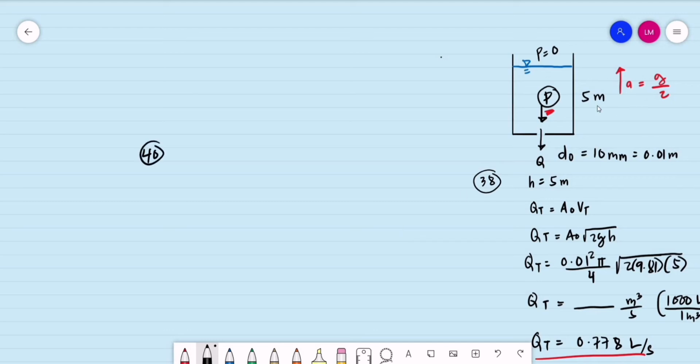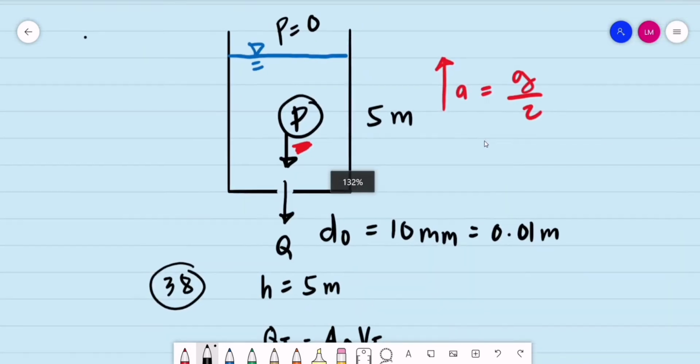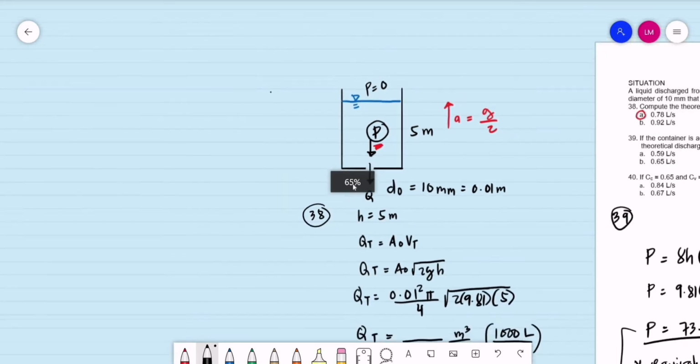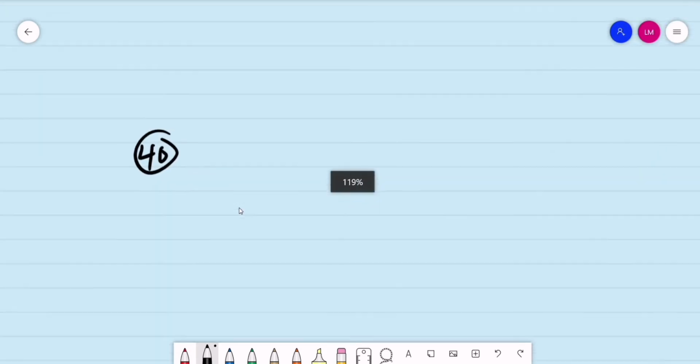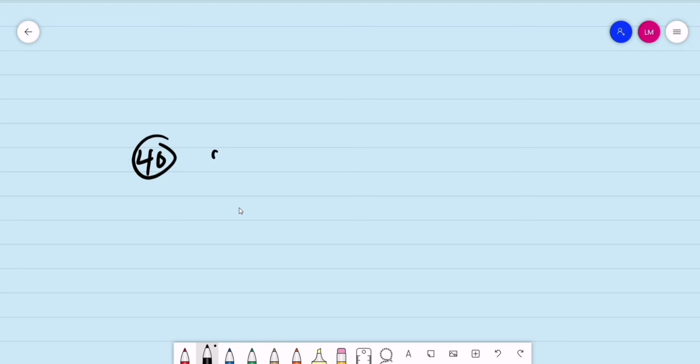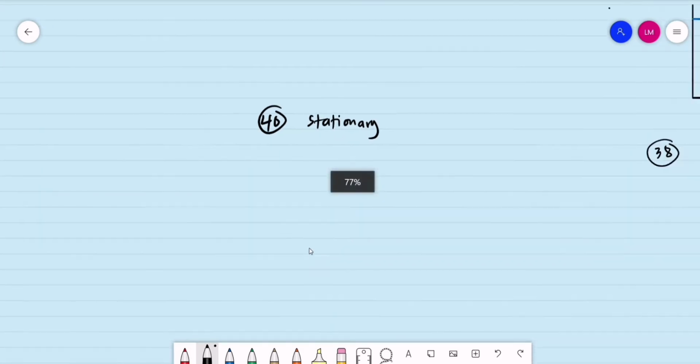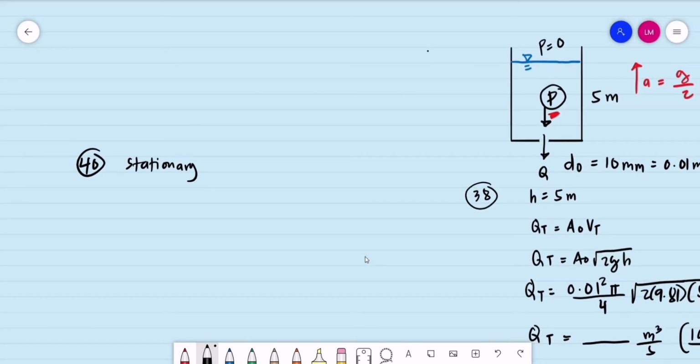Yun ba yung situation na hindi siya gumagalaw or yung situation na nag-a-accelerate siya upward? Pero, okay, i-assume natin na stationary siya, hindi siya gumagalaw. Kung stationary at walang acceleration na nangyayari, ay gagamitin natin yung original na head. Yun yung 5 meters. So, given yung C sub C equal to 0.65, yung C sub B equal to 0.95.